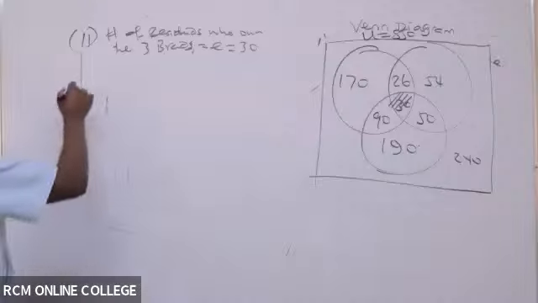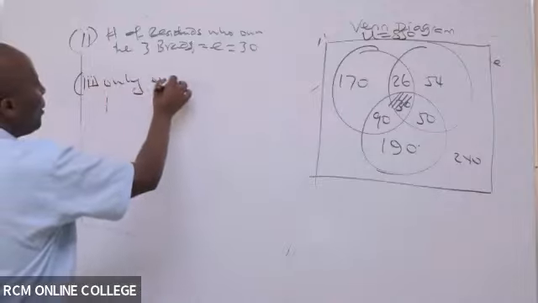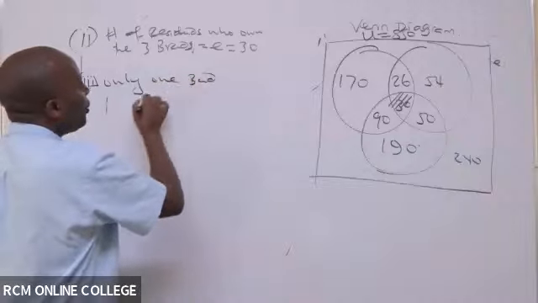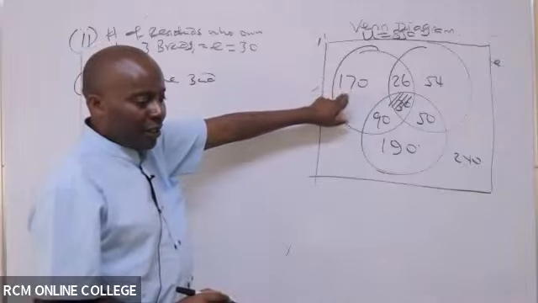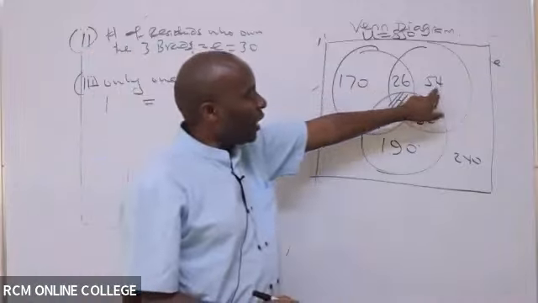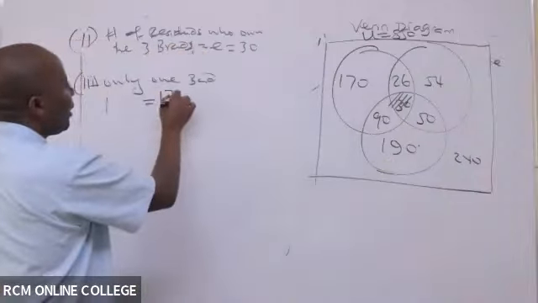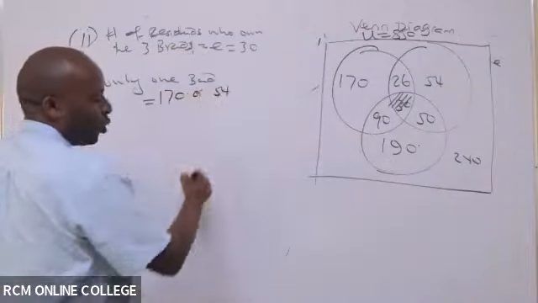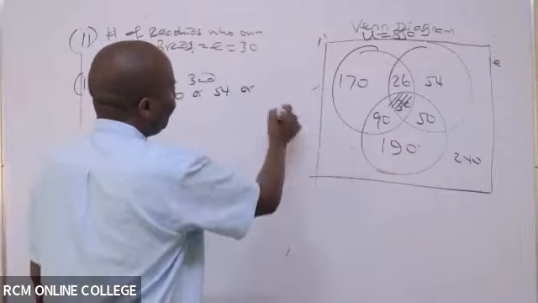Now, from there, they want, number 3, only one brand. So this will be the guys who are here, or here, or here. One brand. So it is 170, or the ones who own Toyota only, or the ones who own what year?